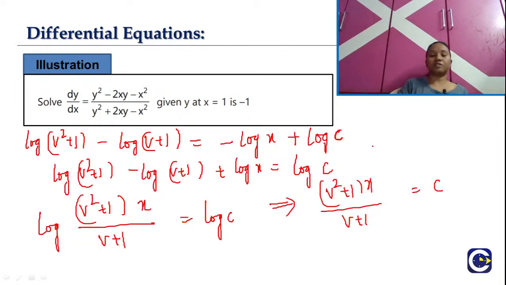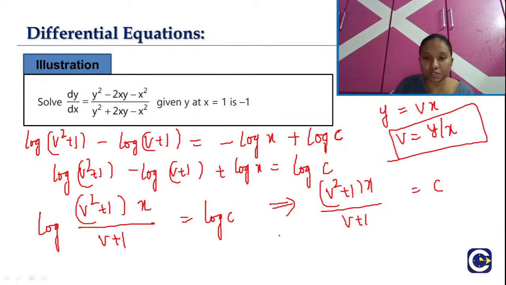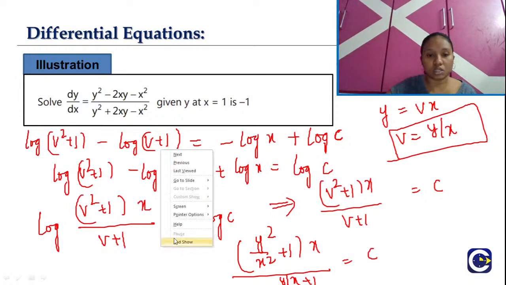So now in place of v, we can replace, that is y equal to vx, so in place of v, y by x can be substituted. So let's substitute that. So y square by x square plus 1 into x divided by y by x plus 1 is equal to c. So now we can take the LCM and simplify it further. So let's do that.